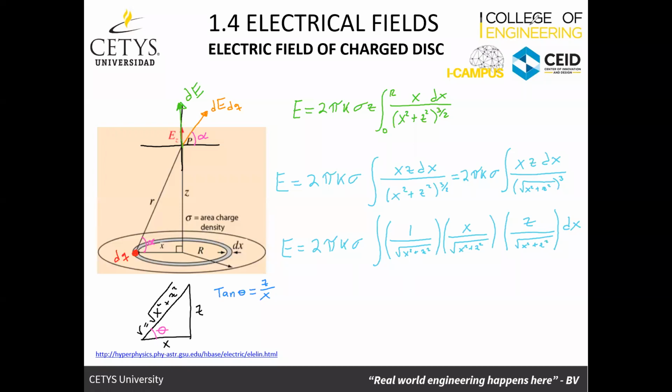That's just looking at the triangle and relating these there. And from this, I can say that x is equal to z divided by tangent, which is the same as saying x is z multiplied by cotangent.